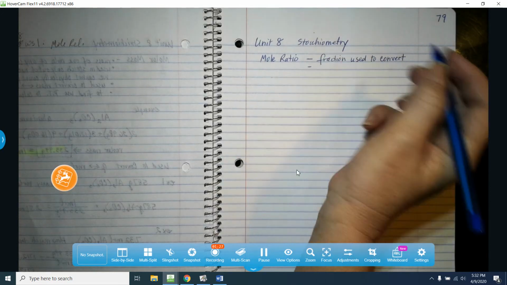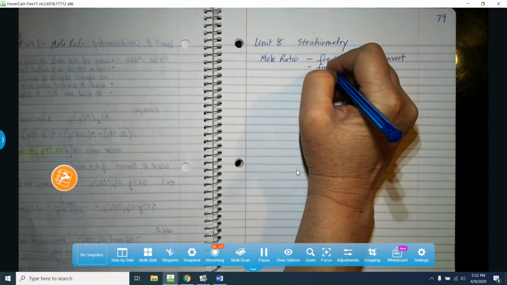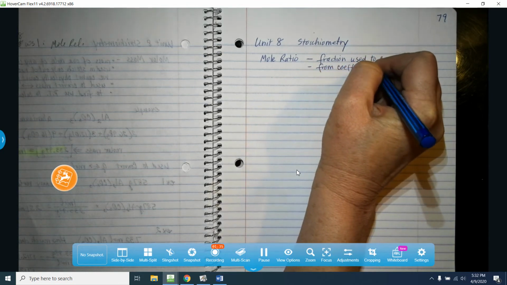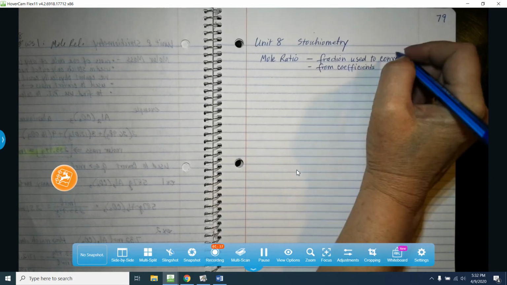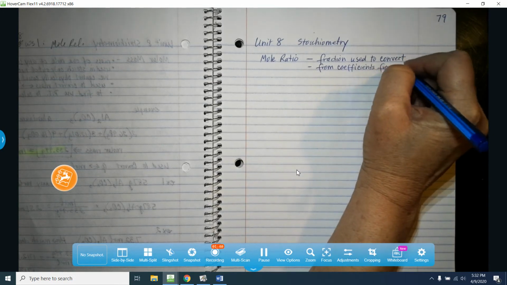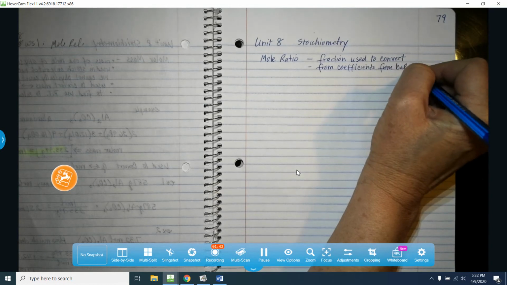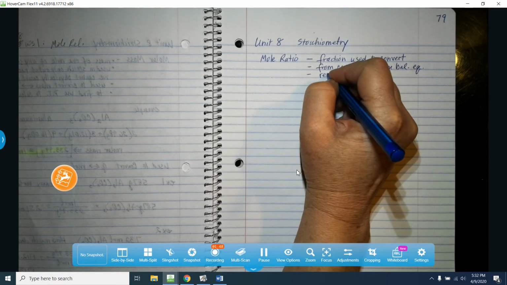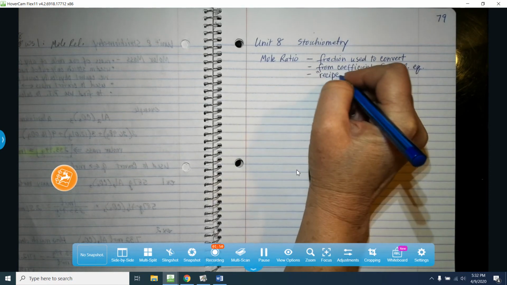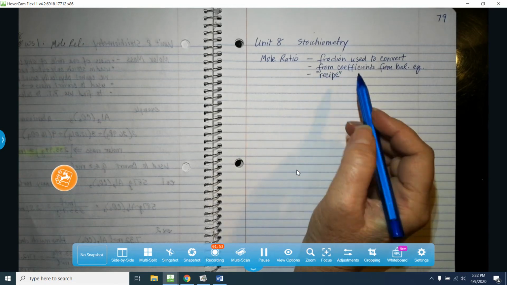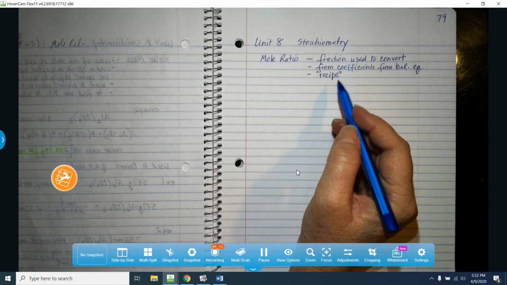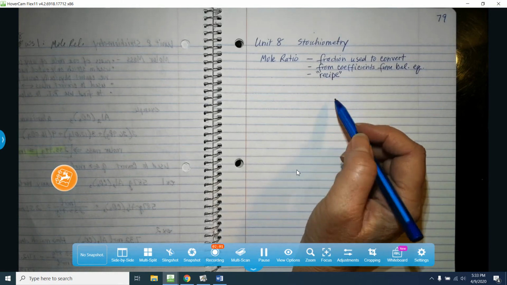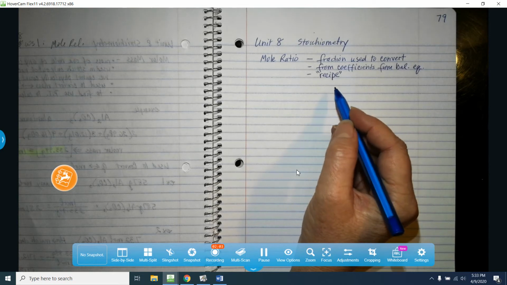Okay, and it comes from the coefficients and the balanced equation. Just write that. Okay, and then think of it as a recipe. So it's your guide that will help you to determine how much reactant you need for a desired amount of product, or how much product you can make from your starting amounts.